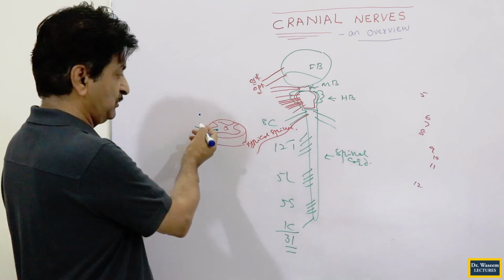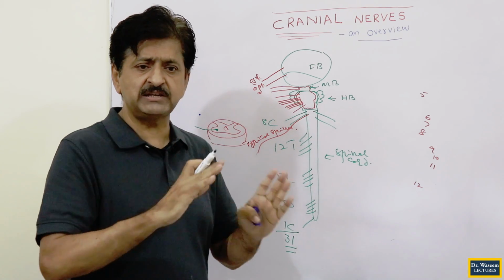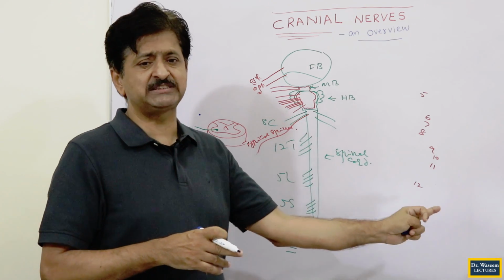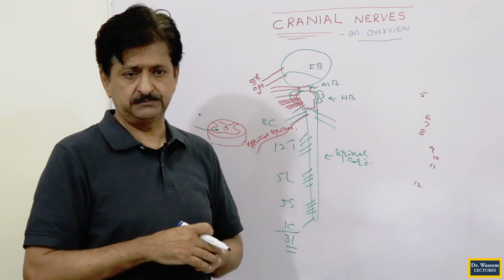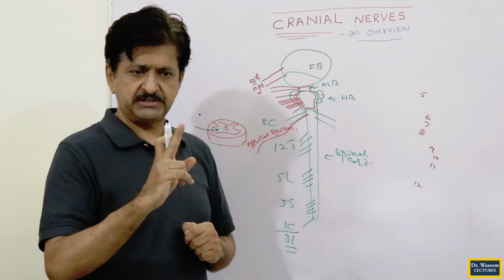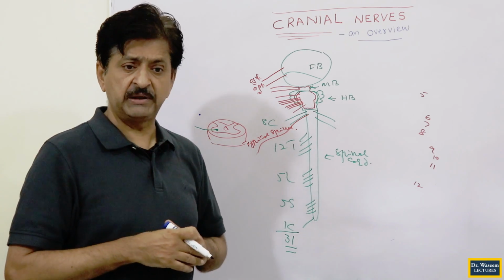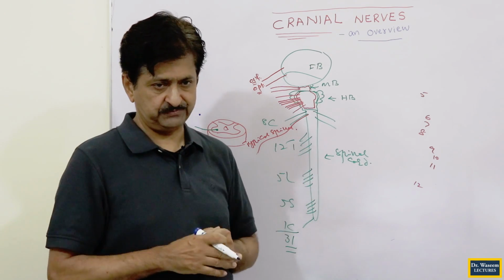But for everything else, all general senses, the first order neurons, plus the first order neurons of those special senses which do not have their special nerves for this purpose. There is one special sense only which does not have its specific nerve, and that is taste. The remaining four out of the five special senses have their special nerves.